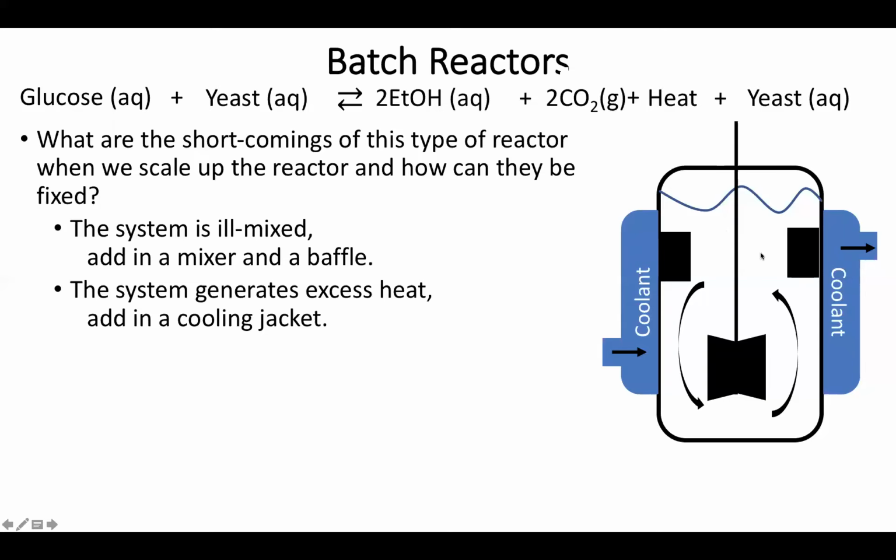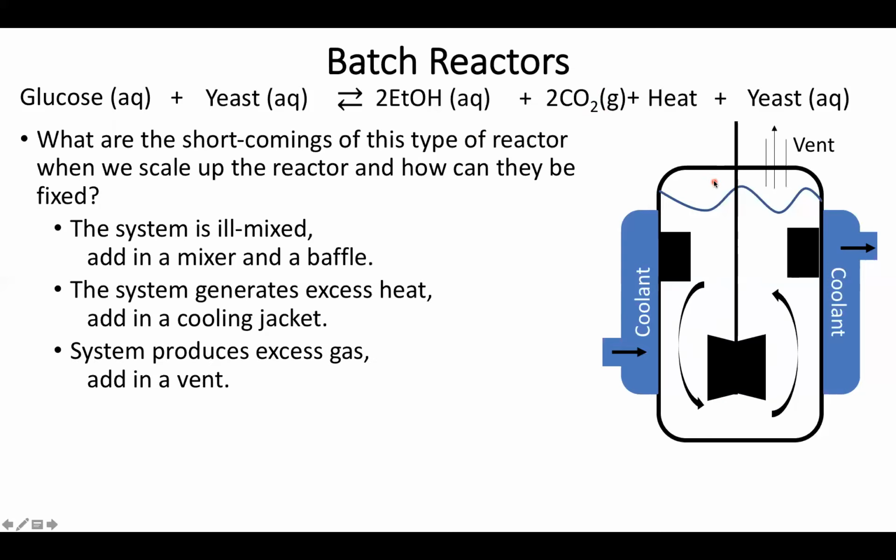So either the CO2 ends up killing the system by driving the reaction inverse as I overpressurize it, or I overpressurize it and rupture my batch reactor. Well, that ain't good. So in this case, if I have excess gas, we go ahead and add in a vent. Vents will help make sure that any gas flow is unidirectional. This will make sure that I don't bring in any O2 or N2 from the atmosphere, but I prevent overpressurization and I allow product release.